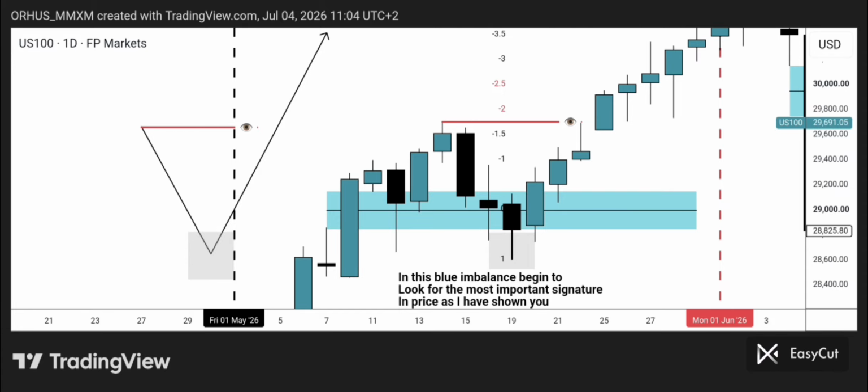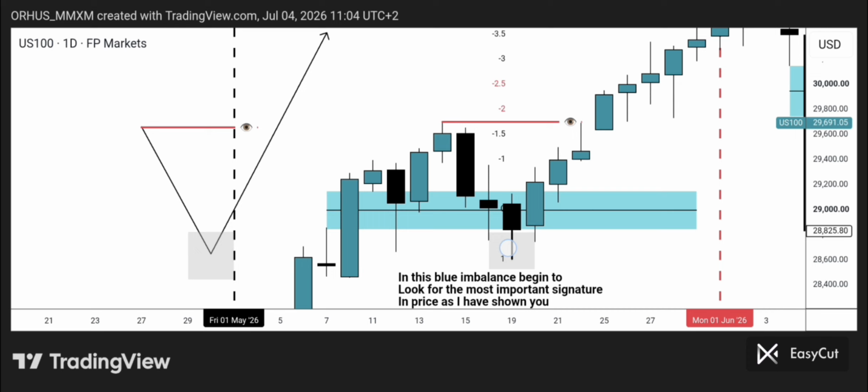It's a fair value gap. In this blue imbalance, begin to look for the most important signature in price, as I've shown you. The most important signature in price is a low or a high formed in an imbalance.